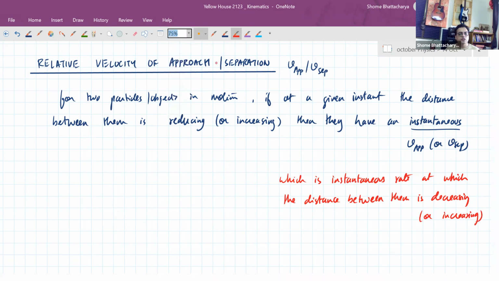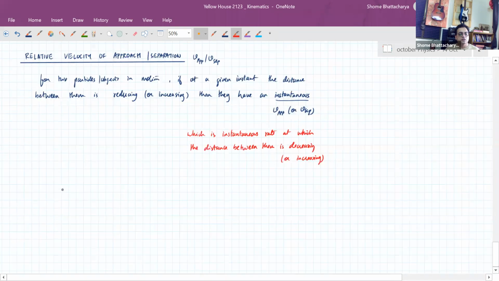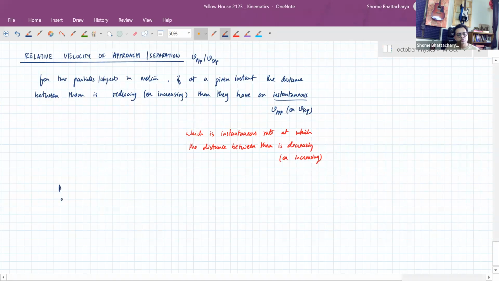So what we mean to say in general is that imagine we have two particles A and B, which are moving in some way like this. At this given instant, they have some velocities VA and VB. Suppose at some time t, there's a distance s between them. Now after some time, A would have reached here, B would have reached here.